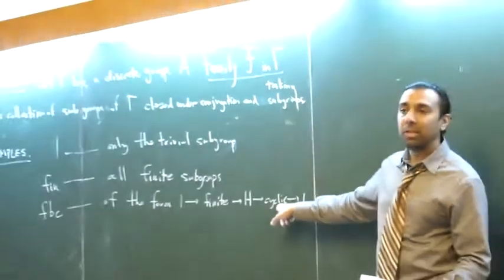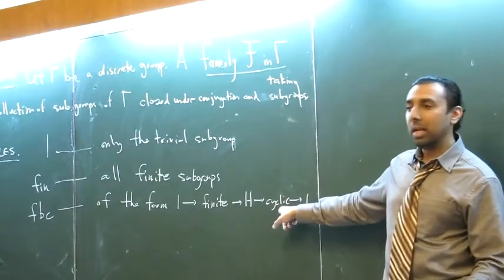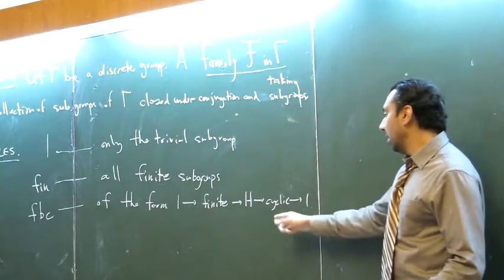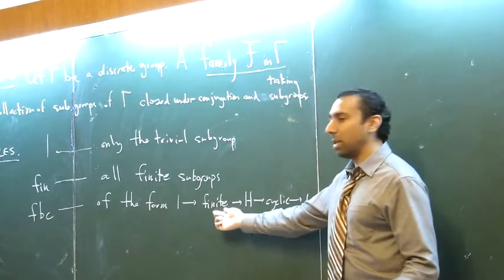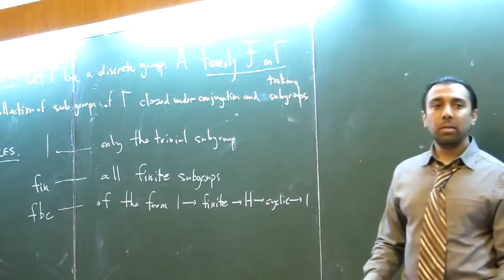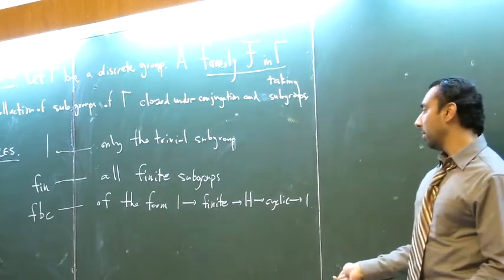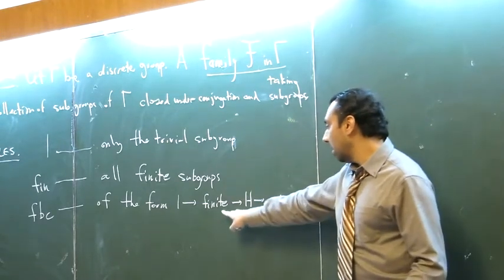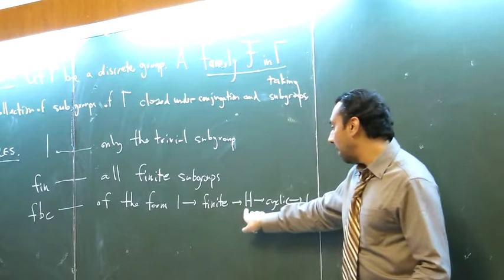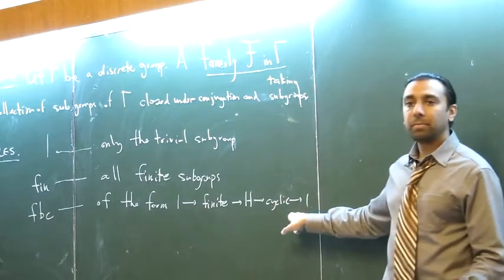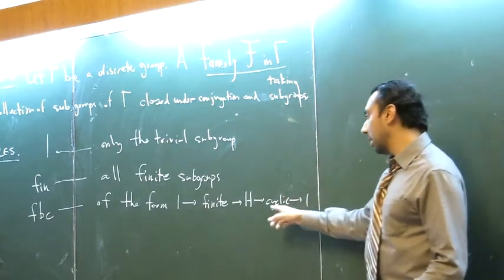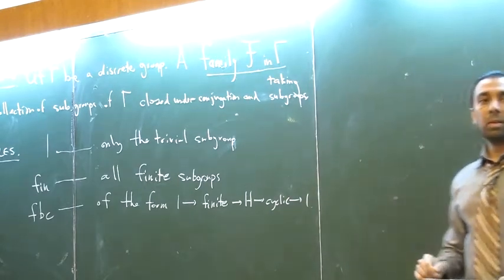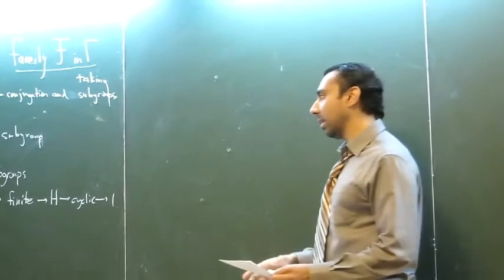But this can be infinite cyclic also, in which case you say it is Z, then this will automatically be a semi-direct product. So this includes finite groups. Any finite group is finite by trivial cyclic, but more generally it contains finite by infinite cyclic also. So we allow a little bit of infiniteness.